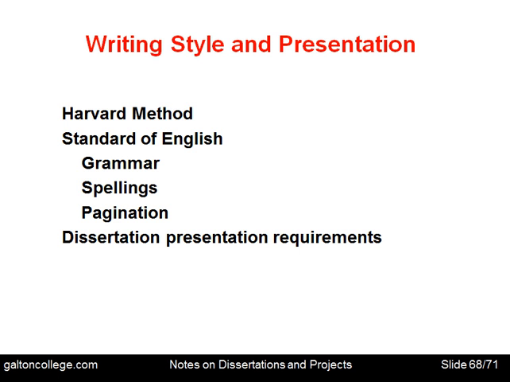Make sure, above all, that the dissertation presentation requirements are adhered to. The submission date is honoured, and that the word limit, if there is one, is honoured as well. That if there is a 5,000 word limit, then there is no more than 5,000 words.